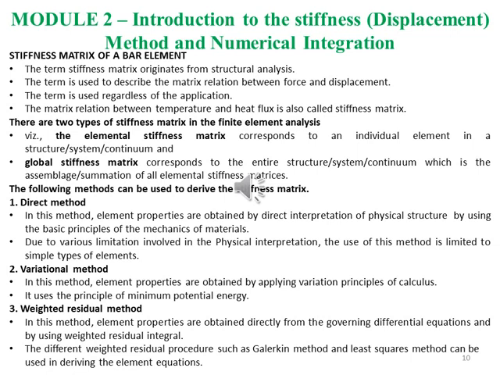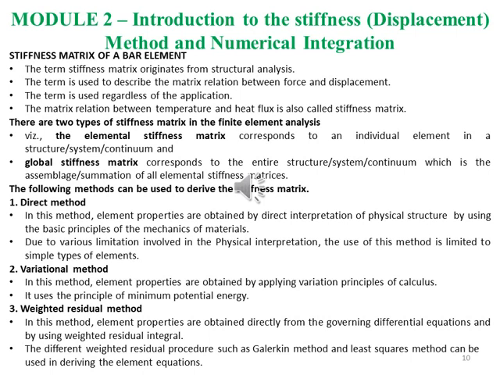In the direct method, the elemental properties are obtained by direct interpretation of a physical structure using the basic principles of mechanics of materials. Due to the various limitations involved in the physical interpretation, the use of this method is limited to very simple types of elements.